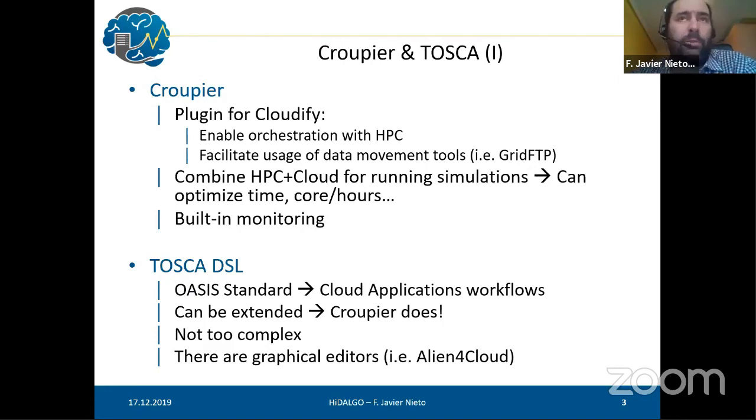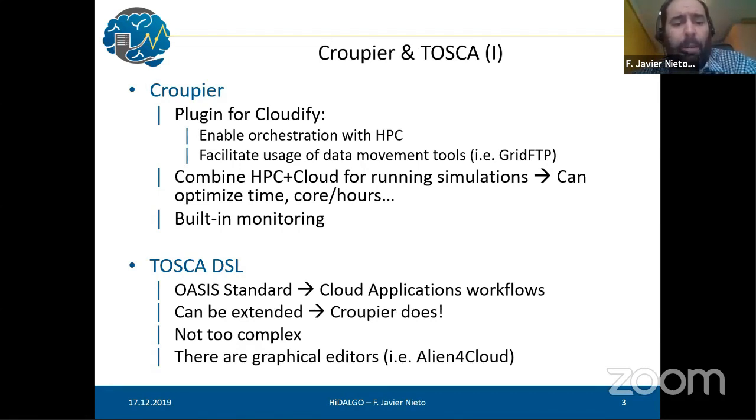Basically, we are able to take metrics from Slurm and Torque, but this is optional, because you may have your own monitoring solution for collecting the data. So it's usual that, for example, we deploy this orchestrator together with a Prometheus monitoring solution.